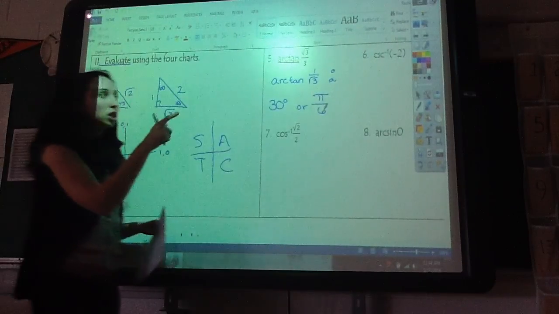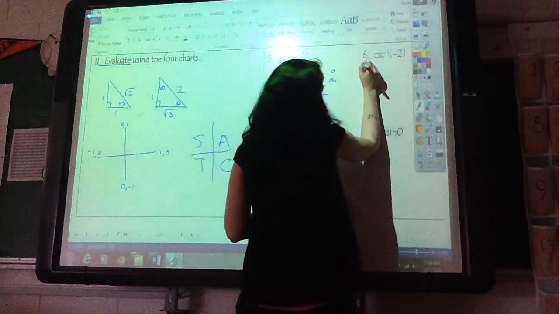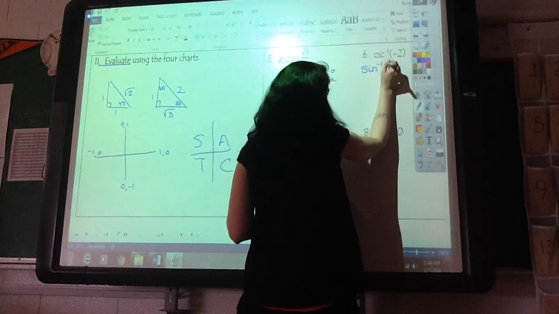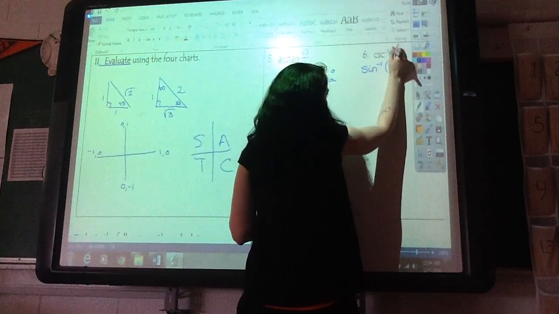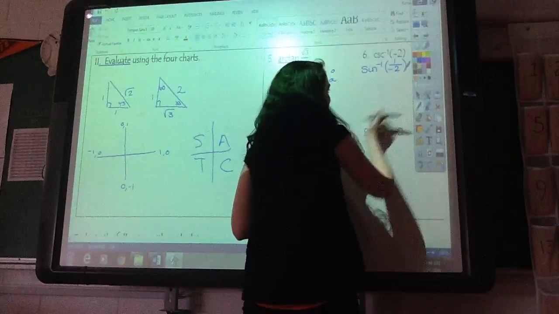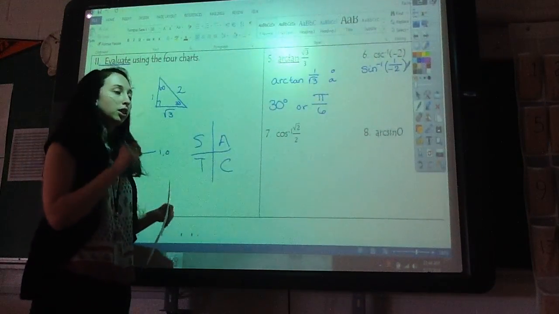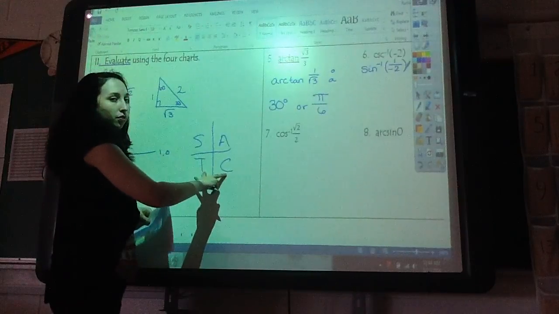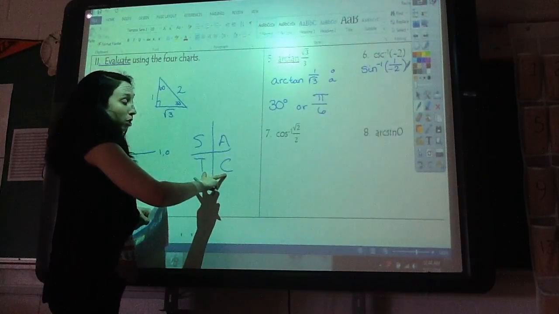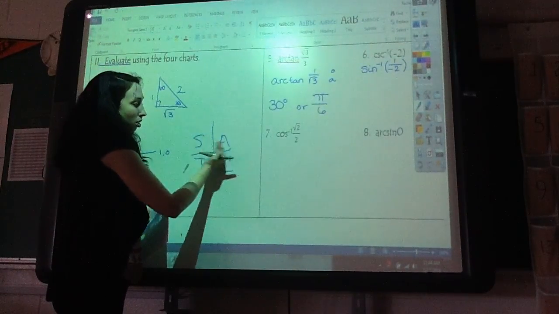Now for inverse cosecant, remember you have to convert that back to inverse sine of 1 over whatever this is, so 1 over negative 2. Please remember, where is sine negative? Sine is negative down here. Remember from the front that we are only allowed to use these two.